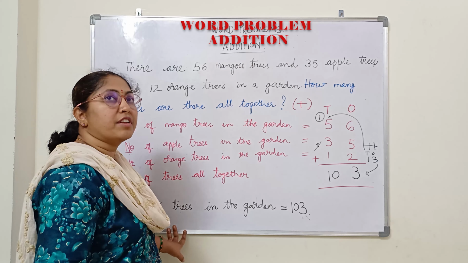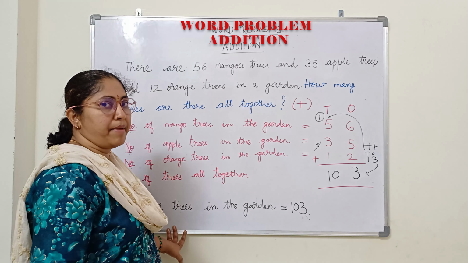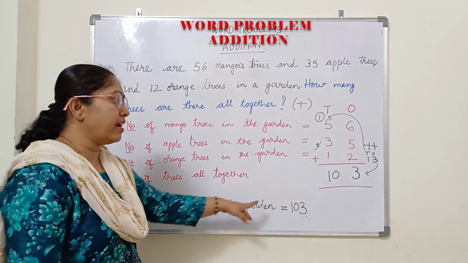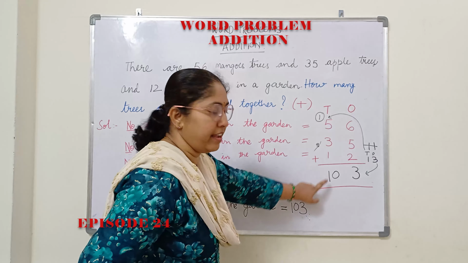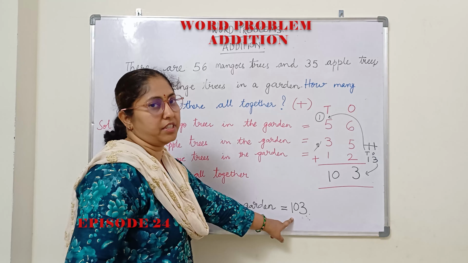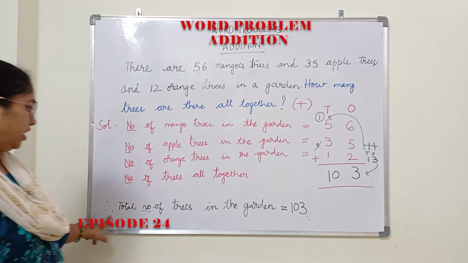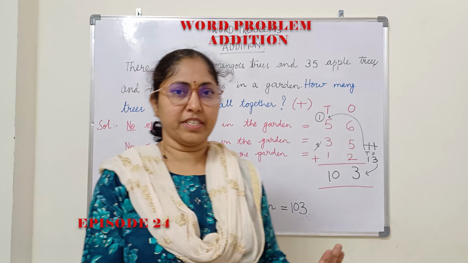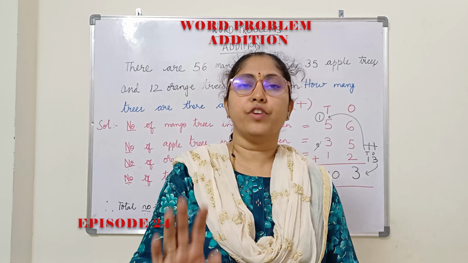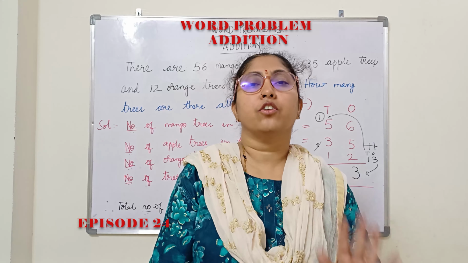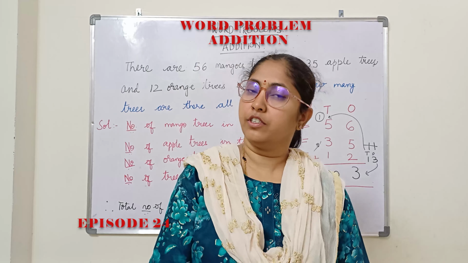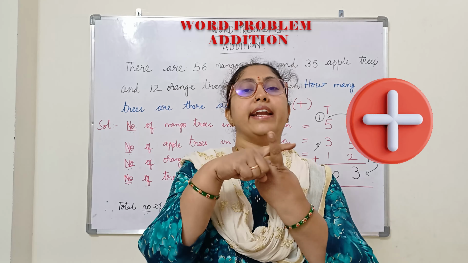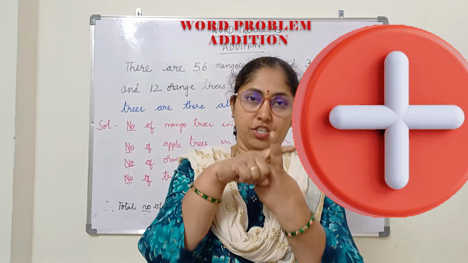Or if they give runs in a cricket match, you write that statement and write this sum in the final statement. This is the answer. Clear, children? You understood how to do word problems in addition. If they give you all together, total or sum of, you have to definitely do addition. What will you do? Addition.